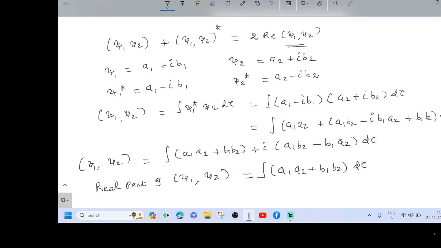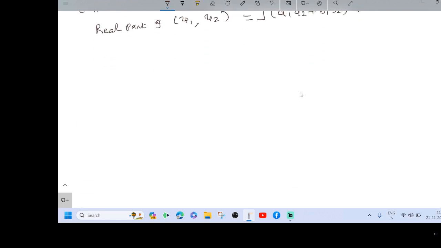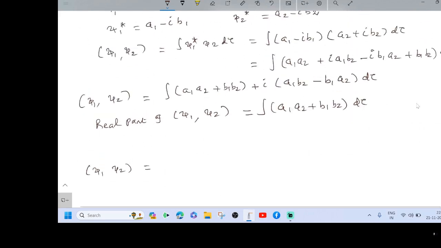See here, psi 1 comma psi 2 equals, this is the value of psi 1 comma psi 2: integral of a1 a2 plus b1 b2 plus I into a1 b2 minus b1 a2 into d tau. This is psi 1 comma psi 2.